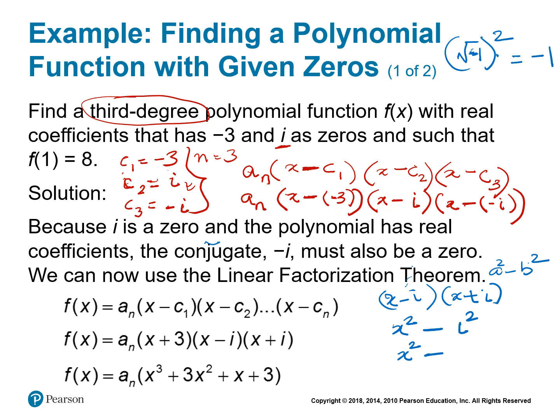So even though i is an imaginary number, i squared is a real number. Negative 1 is a real number. So I'm going to write it as minus minus 1. All right, so we will have x squared plus 1. So x minus i times x plus i amounts to x squared plus 1.